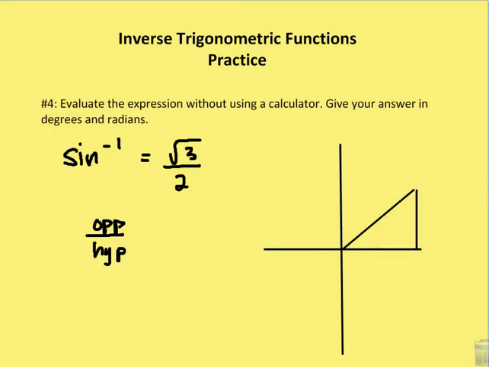I know that the side opposite the angle here is going to be root 3, and this hypotenuse is going to be 2. Well, I know in this case that I've got a 30, 60, 90 triangle. This is going to be 1, so this angle here is going to be 60 degrees. Now we're asked to give the answer in both degrees and radians, so I write my answer in degrees as 60 degrees, and in radians as pi thirds radians.